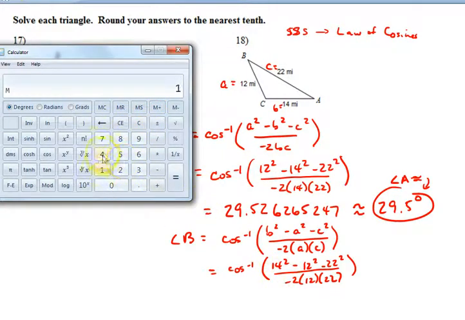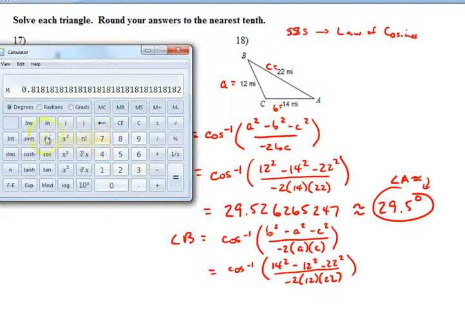14 squared minus 12 squared minus 22 squared equals, that's everything in the numerator, divided by negative 2, divided by 12, divided by 22 equals.